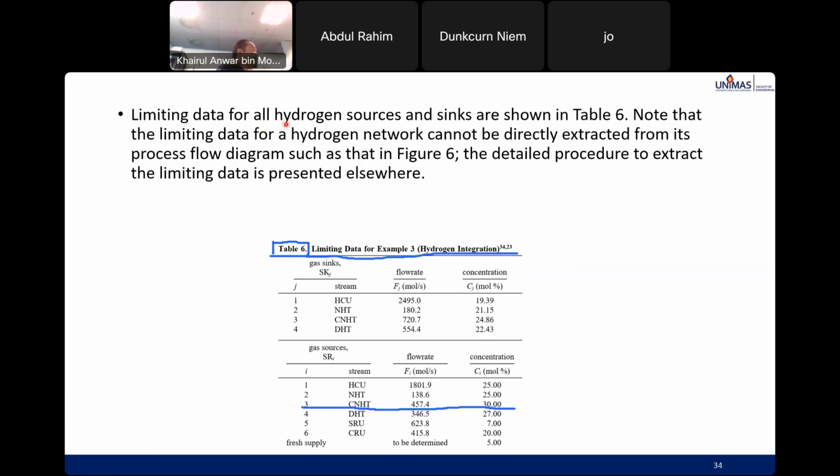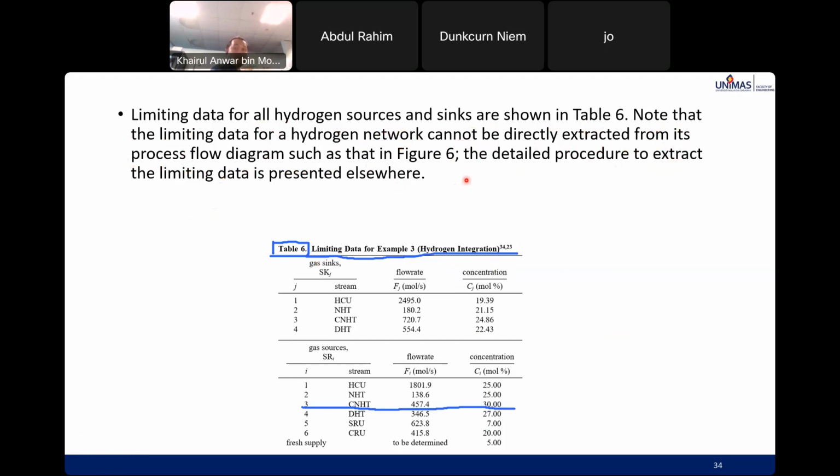Limiting data for all hydrogen sources and sinks are shown in table 6. Note that the limiting data for a hydrogen network cannot be directly extracted from the process flowsheet such as that in figure 6. Figure 6, just now I showed you. The detailed procedure to extract limiting data is presented elsewhere.